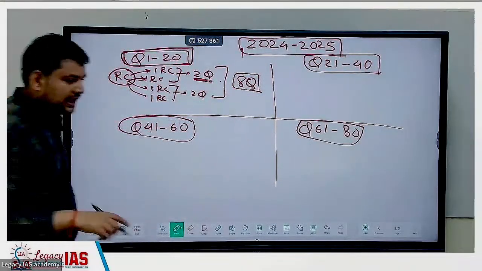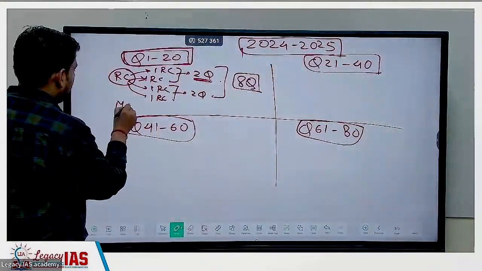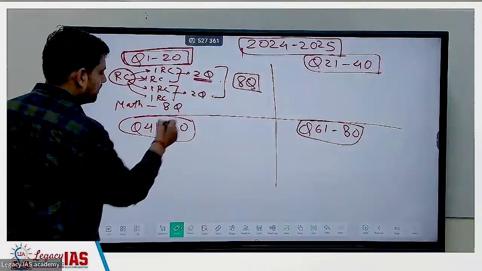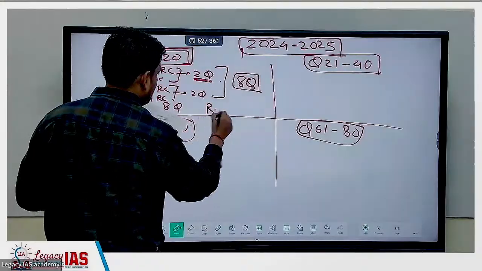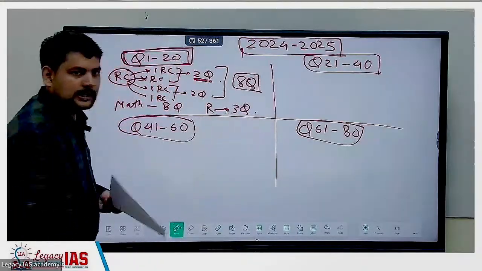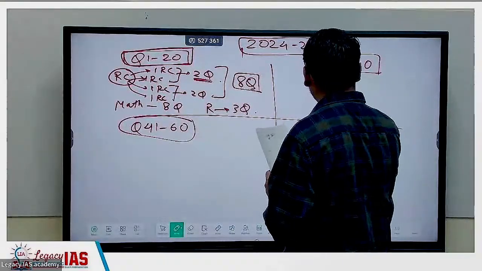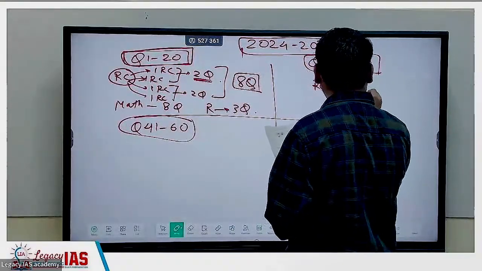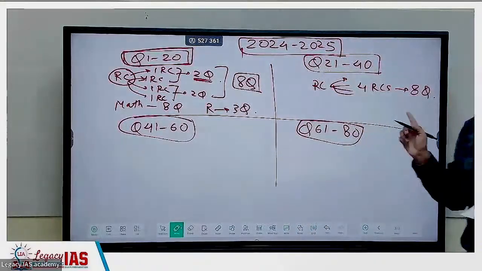Okay. Then let me tell you the exact figures. From math, there were 8 questions, and from reasoning, they had 3 questions. Similarly, if you see here again, RC, same way, they had 4 RCs and 8 questions, 2 from each.